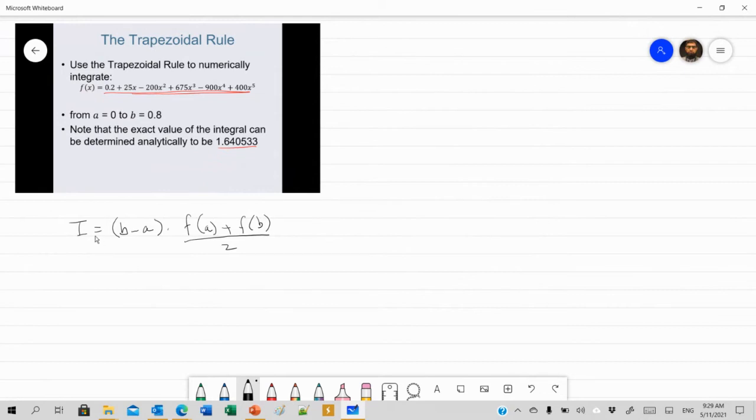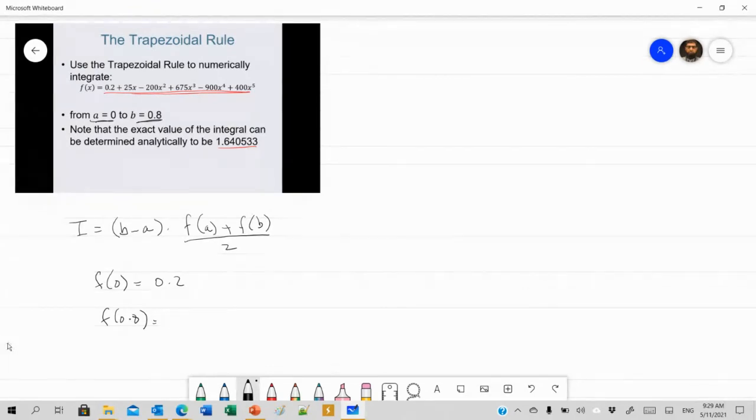In our case, of course, a is 0 and b is 0.8. So function of 0 is 0.2 plus 25 into 0 minus 200 into 0 plus, so everything else is 0, so it will remain as 0.2. Function of 0.8 is 0.2. I'll bring my calculator.